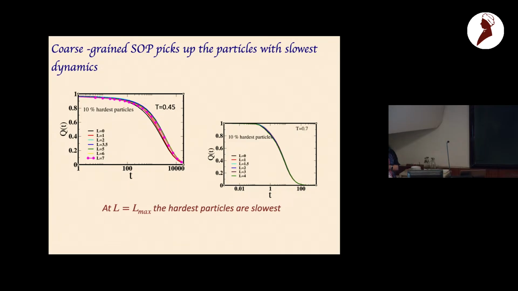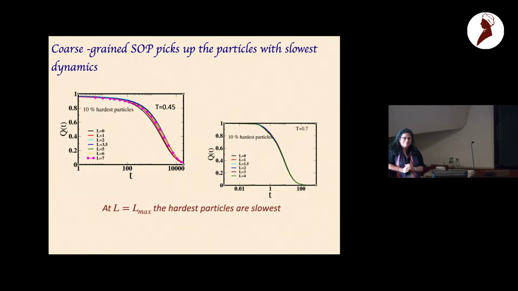I'm trying to think of, is it static lengths or is it the dynamic lengths? I'm trying to organize this in my head. I think it depends on the mechanism that controls the slowdown.